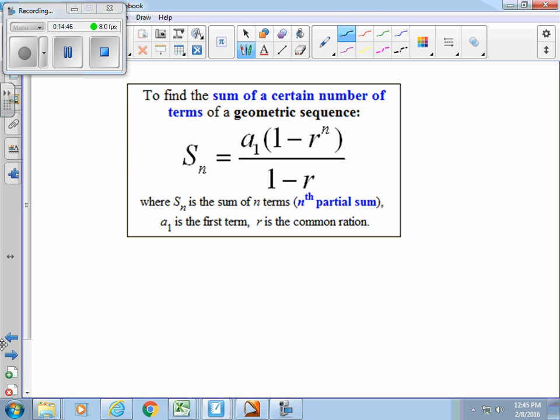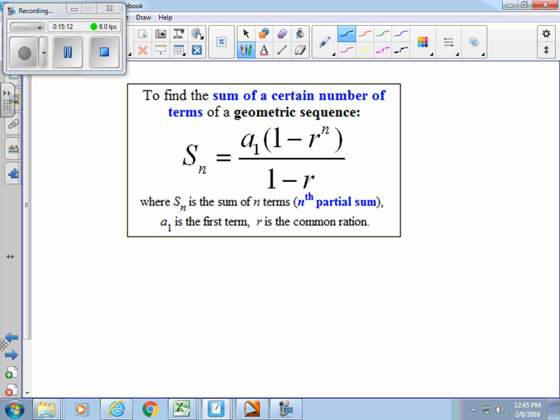It's called a partial sum because if you have a true sequence that goes on forever and you stop at any point and do a sum, you're only summing up part of it, not the entire sequence.